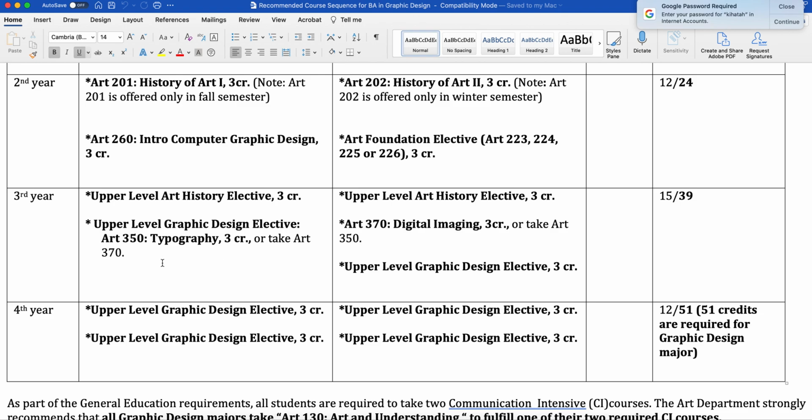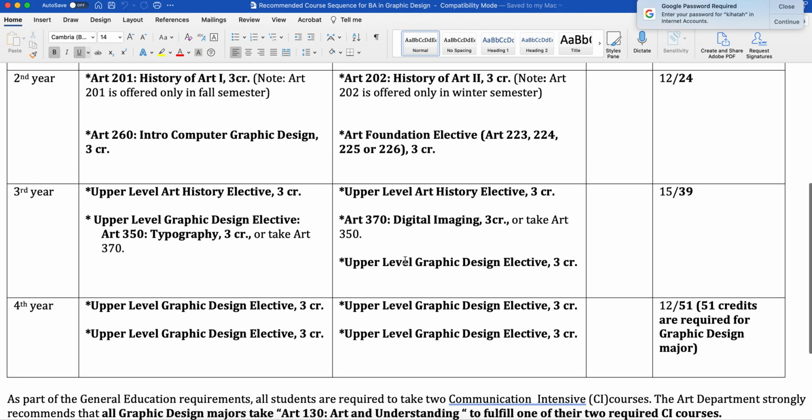Then 350 is not required, but if you don't take 350, this course 350 is a prerequisite for all these, so you have to take it anyway. And this is why we made 350 required, and 370 one of the upper level courses. Okay, so you don't have to take it, but we highly recommend it.